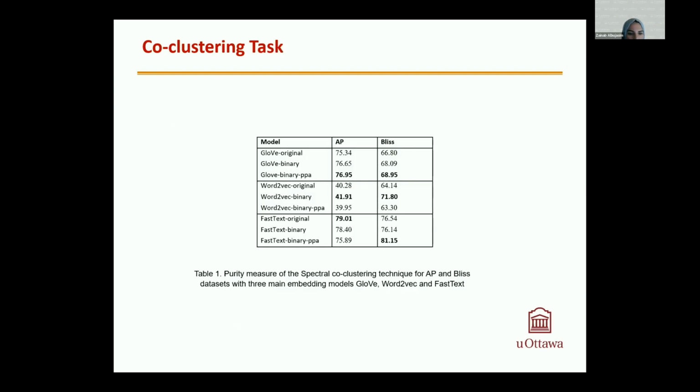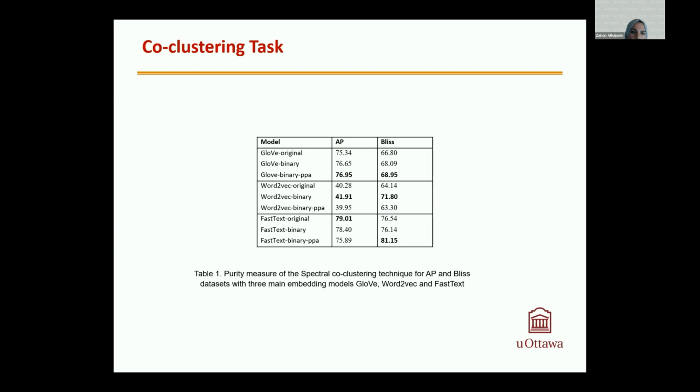Here is our purity measure for the spectral co-clustering technique for the AB and PLIS datasets. We use three main word embeddings: a GloVe model, a word2vec model, and a fastText model. And we use our proposed techniques. First, we use just the binary representation, and second, we use the binary representation with the post-processing technique.